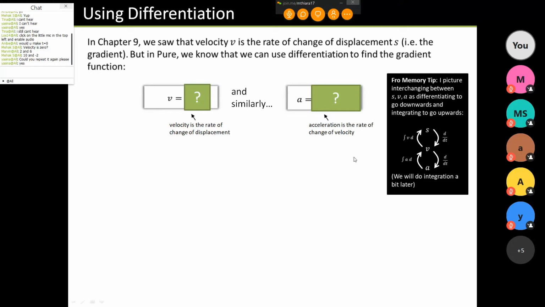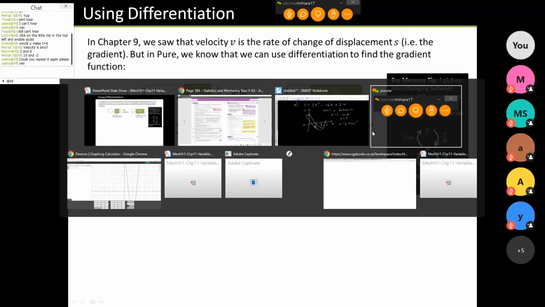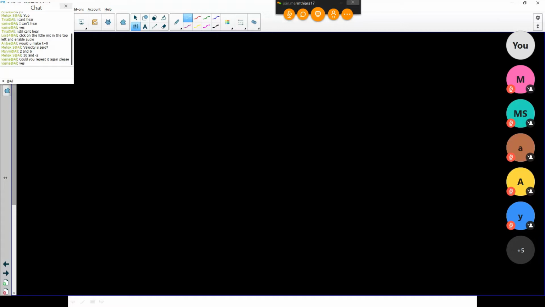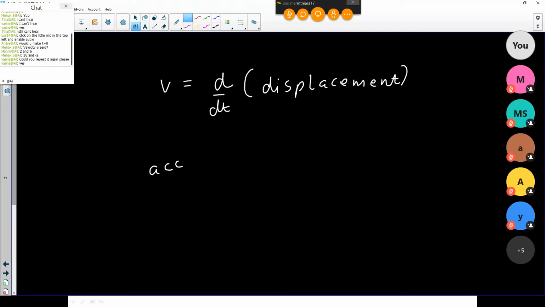So if v is equal to d/dt of displacement, if you differentiate displacement, you're going to get velocity, and acceleration is going to be equal to the differentiation of velocity.